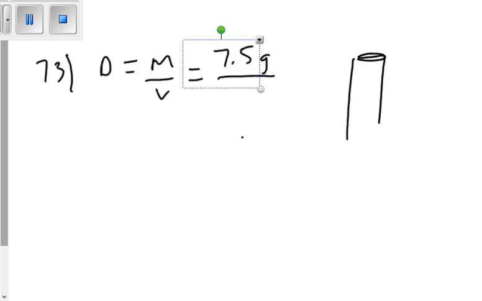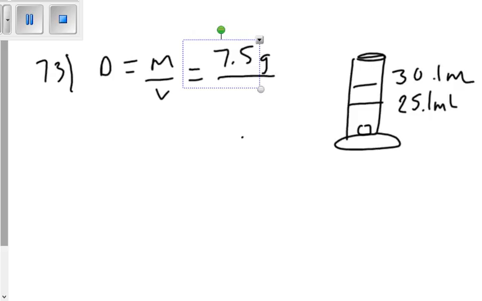So in that case, they have two readings on the graduated cylinder. The first reading was 25.1 milliliters. And then when the object was placed in the graduated cylinder, the water level rose to 30.1 milliliters. So this change in volume is equal to the volume of the object.